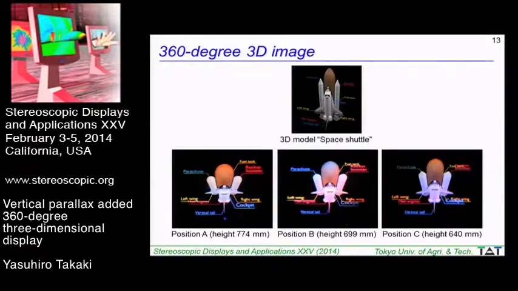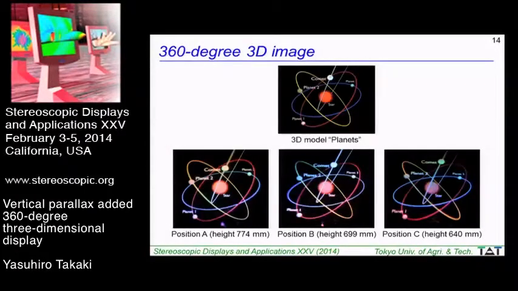So as you can see, a tall 3D object could be displayed without distortion. This is the third 3D image. The relative positions of the planet changed depending on the height of the viewing point, and the 3D image did not distort depending on the viewpoint.